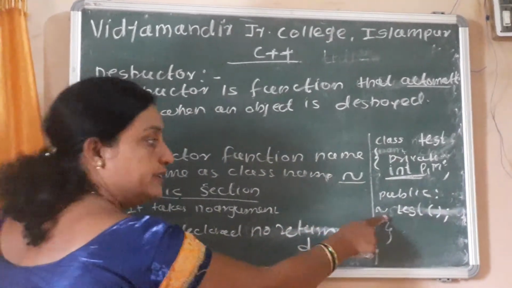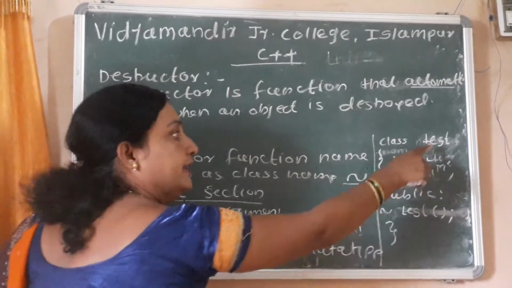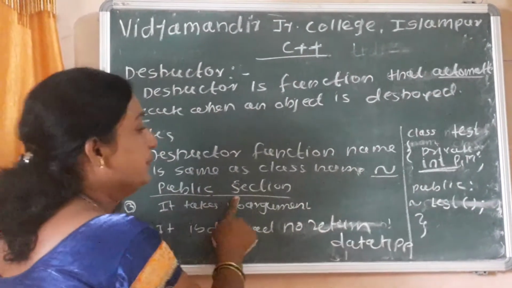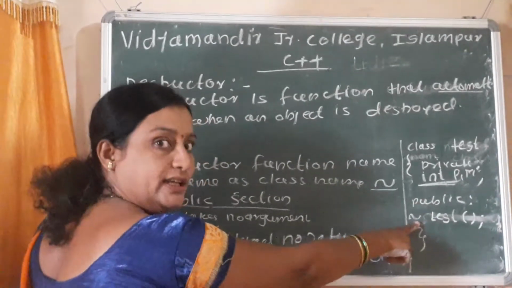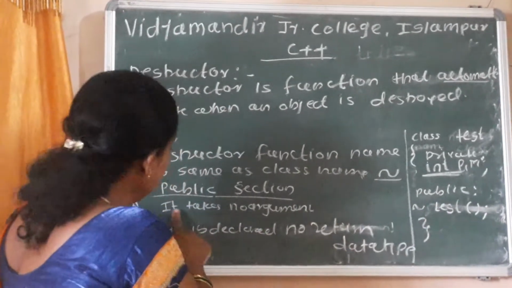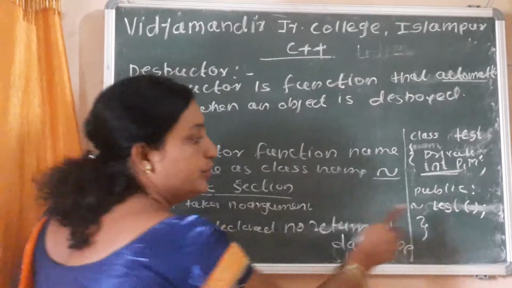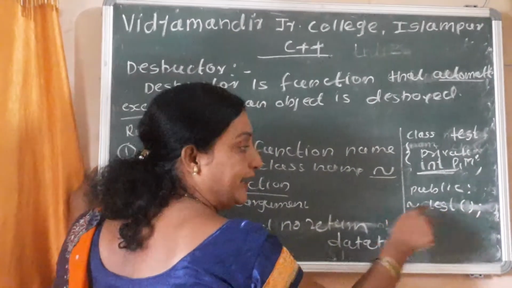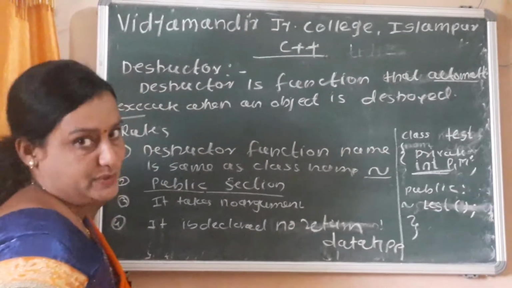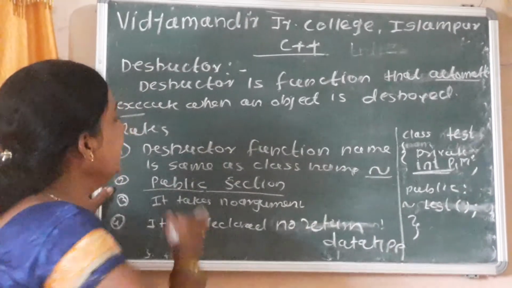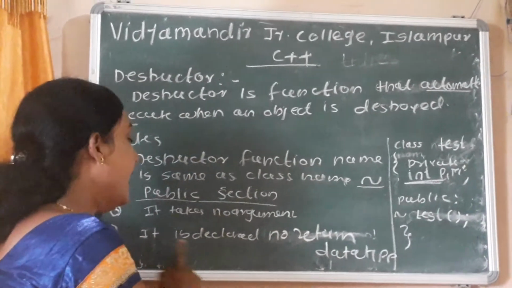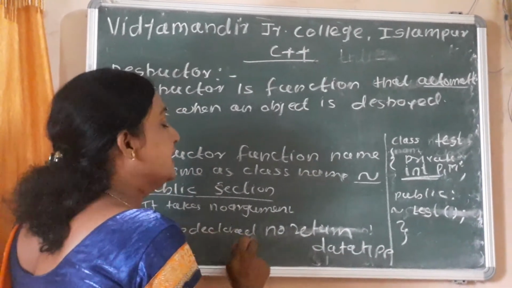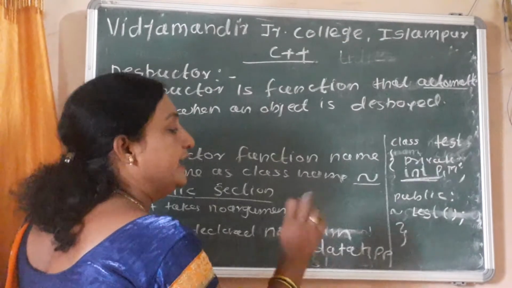There is a rule: started with the tilde, and the name is the same as the class name. It must be declared in the public section, so I write it in the public section. Third one, it takes no argument. Here we could give parameters or arguments, but I cannot give arguments here because that is also a rule for the declaration of the destructor. And the last one is that it is declared with no return data type.